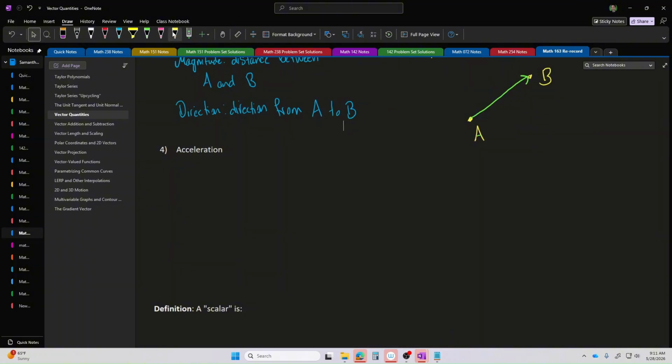The final quintessential vector quantity that I'll name in this list is acceleration. If you're dealing with an object that's moving in 2 or 3 dimensional space, for example, moving over time along a curved path like the one that I've drawn here, the acceleration experienced by this object is also a vector quantity. That's coming from the fact that acceleration, just like it was in Calculus 1, can be understood as the rate of change of velocity.